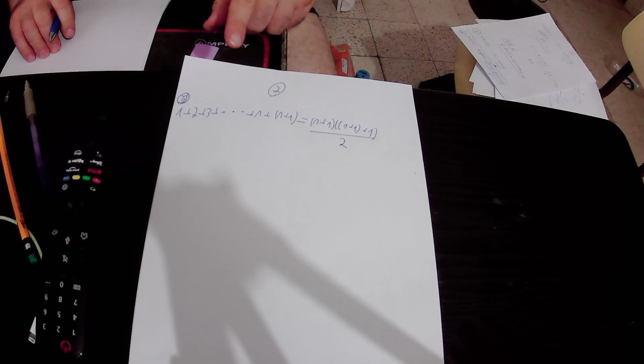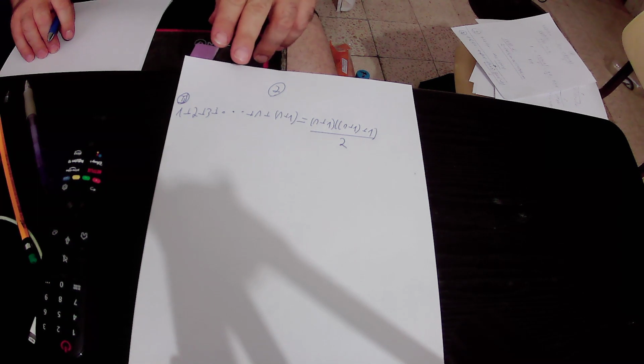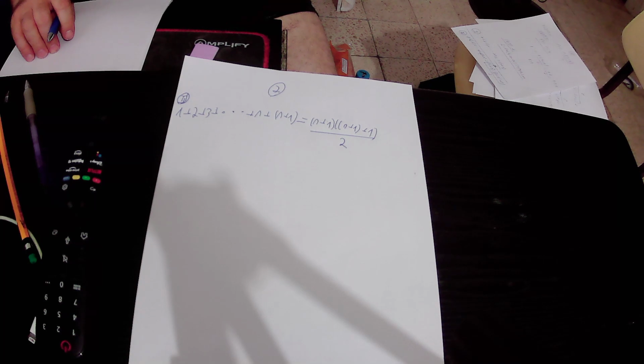We have to prove that our claim is correct for n plus 1, because it is 1 plus 2 plus 3 plus ... plus n plus 1, we have to prove that the left side of the equation is equal to the right side, and actually here we have, instead of n, we wrote n plus 1.